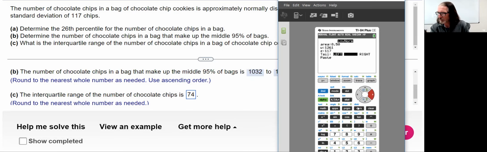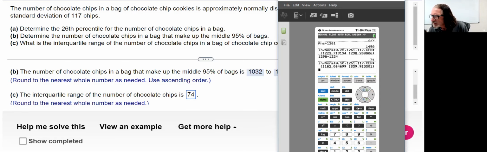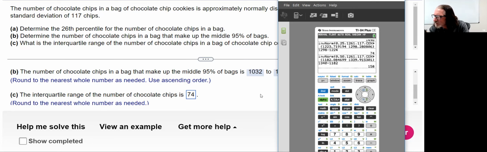Now we can do center, paste and enter. 1340 minus 1182. It's giving me 158.